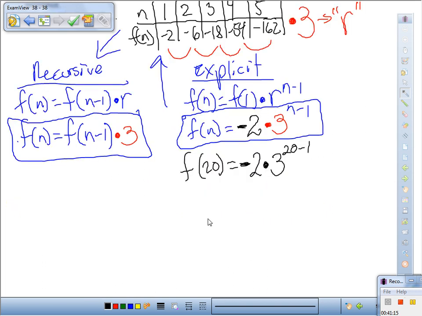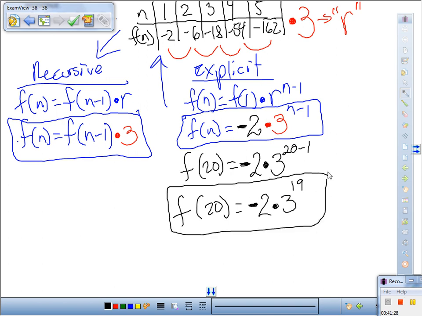Let's do one more step. F of 20 equals negative 2 times 3 to the what? 19. And this is as much as I want from you, since you're not using a calculator, and I don't want you to use a calculator. The calculator is just computation. I just want to make sure that you understand the process and which one to use.